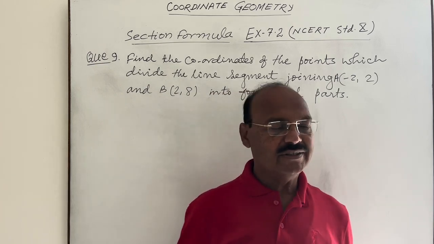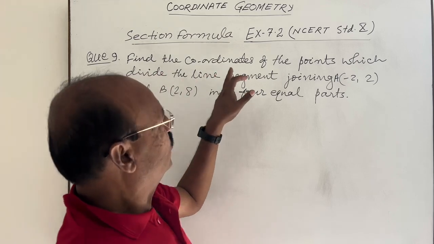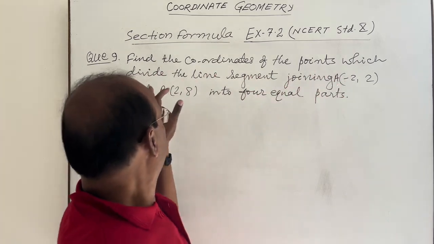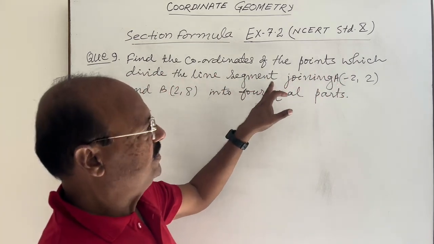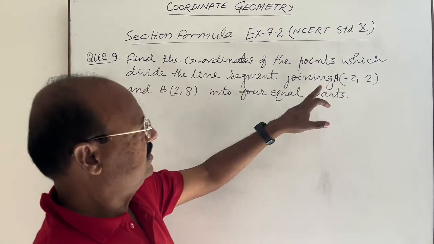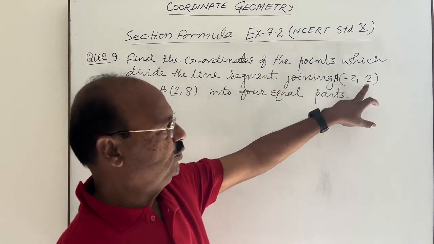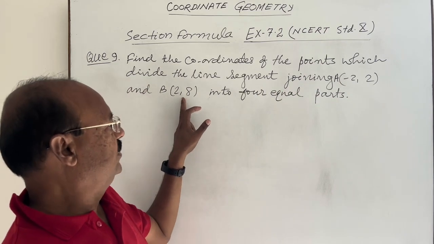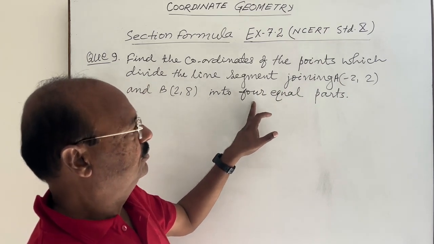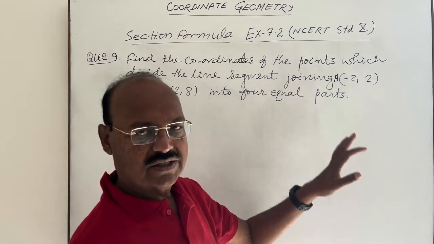Here the question is, find the coordinates of the points which divide the line segment joining two points, A having coordinates -2, 2 and B having coordinates 2, 8 into 4 equal parts.